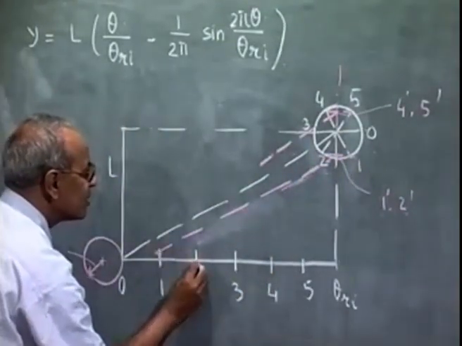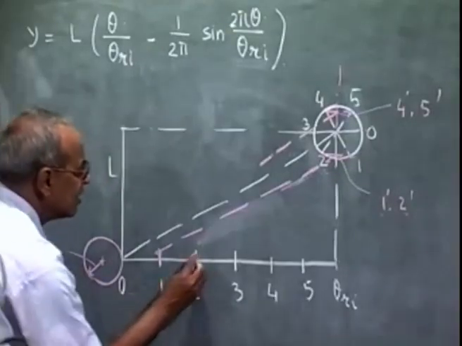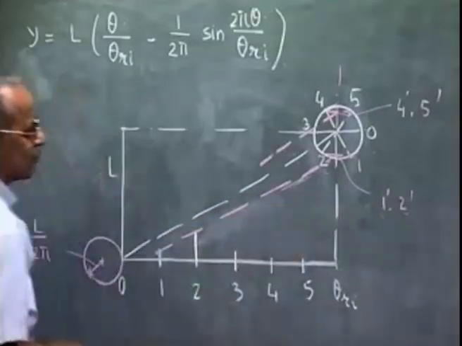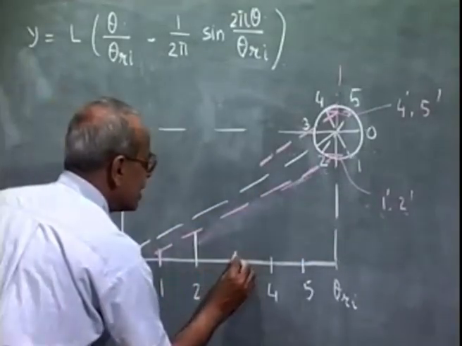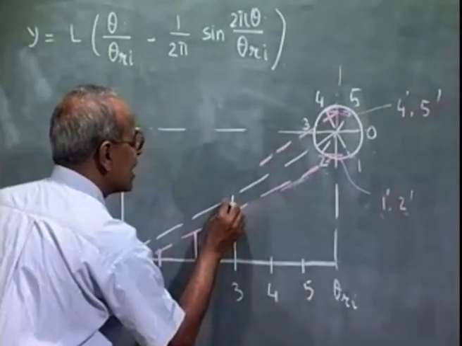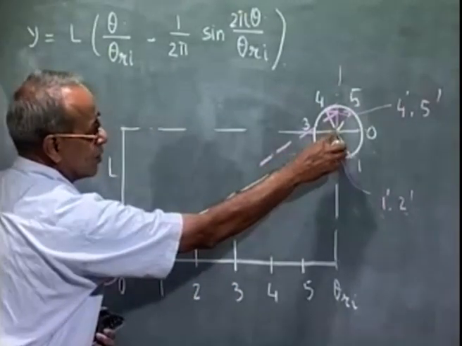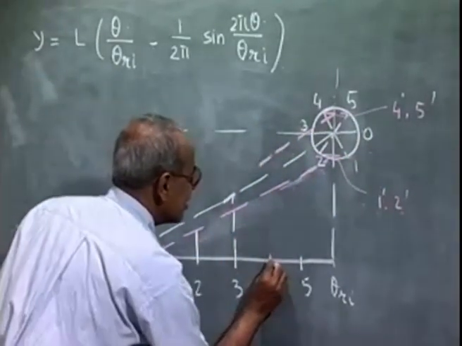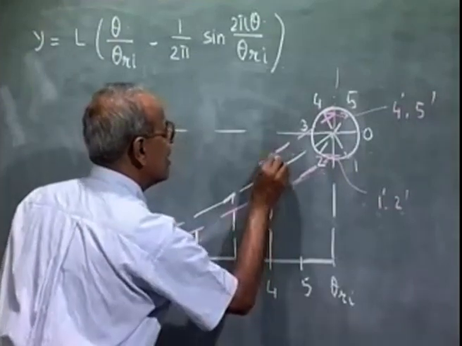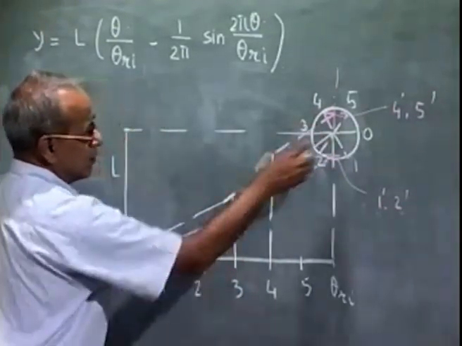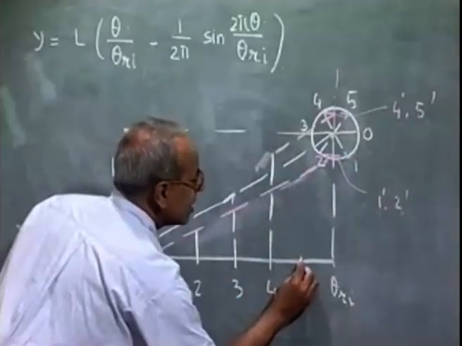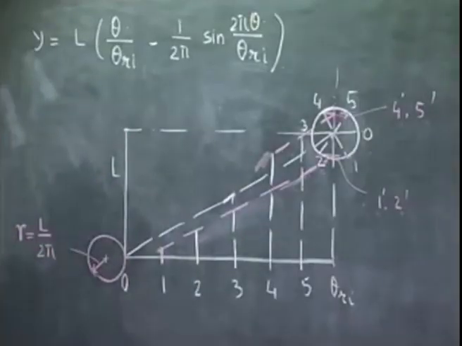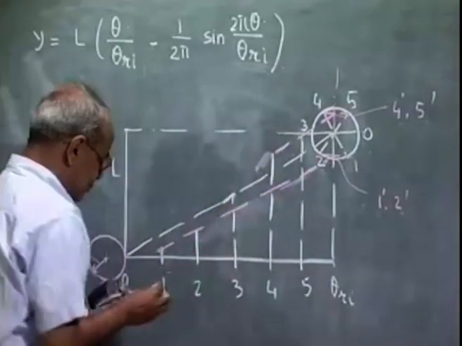So from here I draw the vertical lines to intersect this line corresponding to 1 prime, 2 prime. And from here I draw the line to intersect this line which is drawn to the center, which you can call 0 prime and 3 prime. And this line, which is drawn from 4 prime and 5 prime, I intersect, draw these vertical lines.